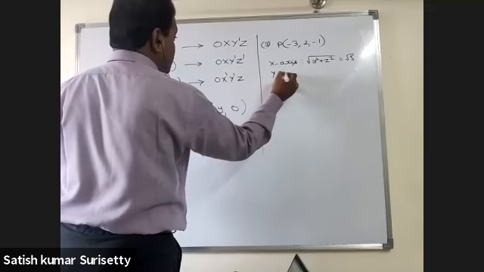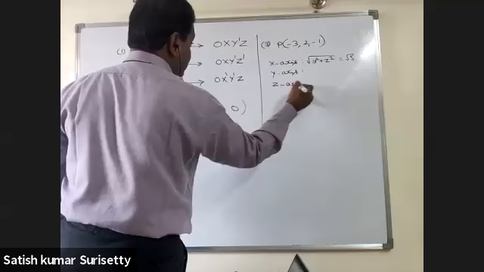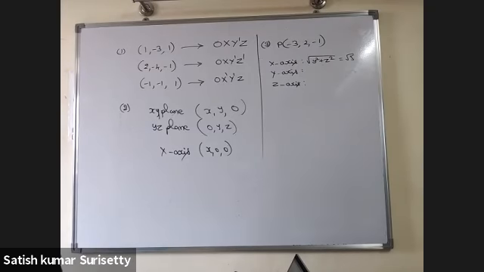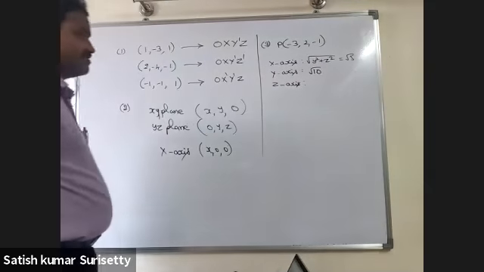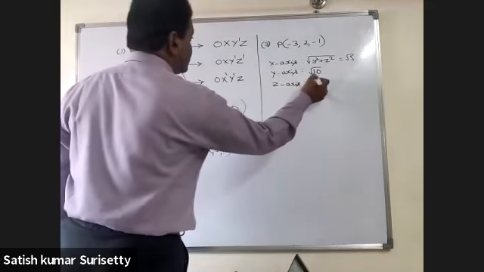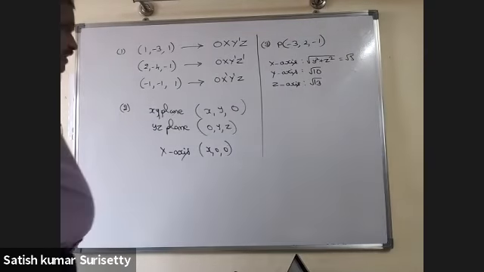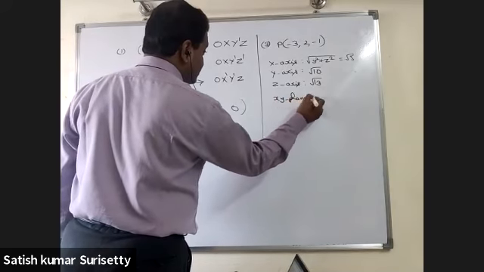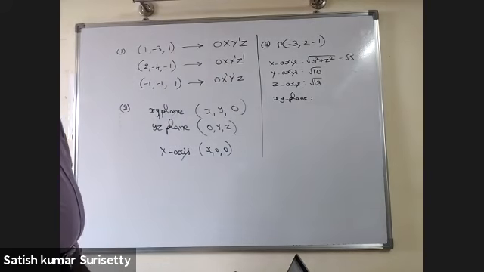In the same manner, calculate on the y-axis and on the z-axis, and tell me. On the y-axis, how much? Root 10. On the z-axis, root 13. Okay. Next is what? Coordinate planes. Now, on the xy plane, tell me the distance of the point P. 1 unit from the xy plane.